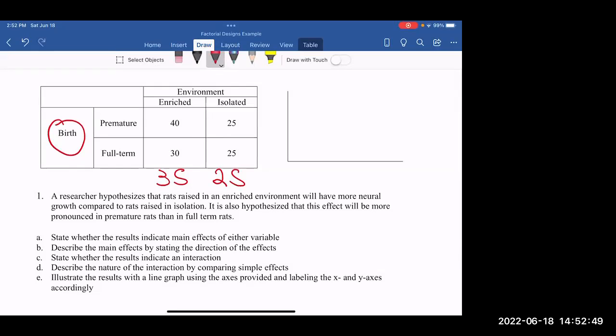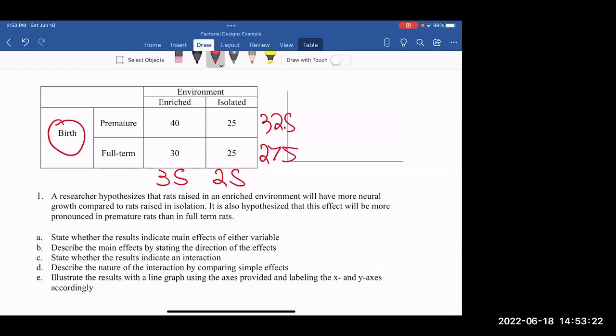enriched versus isolated, now we're going to collapse across both levels of environment and get an average for the premature condition, which is 32.5, or 65 divided by 2, versus 27.5, or 30 plus 25 is 55 divided by 2.